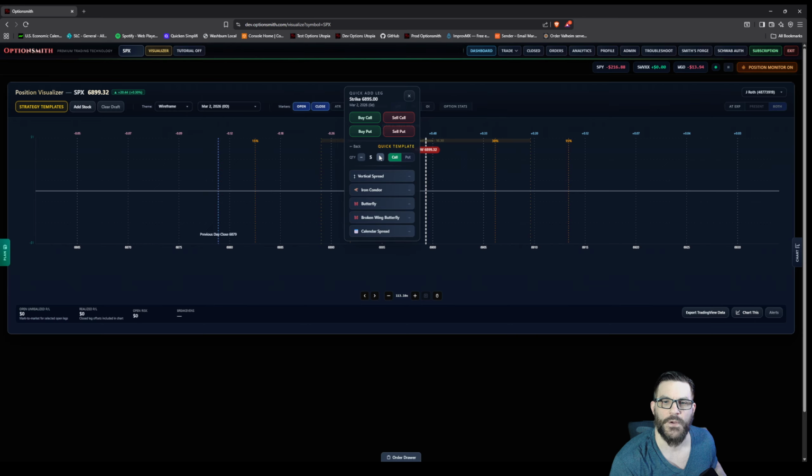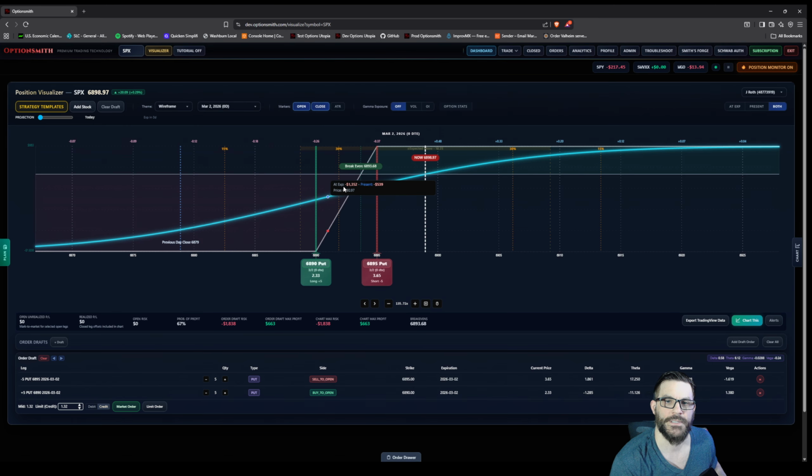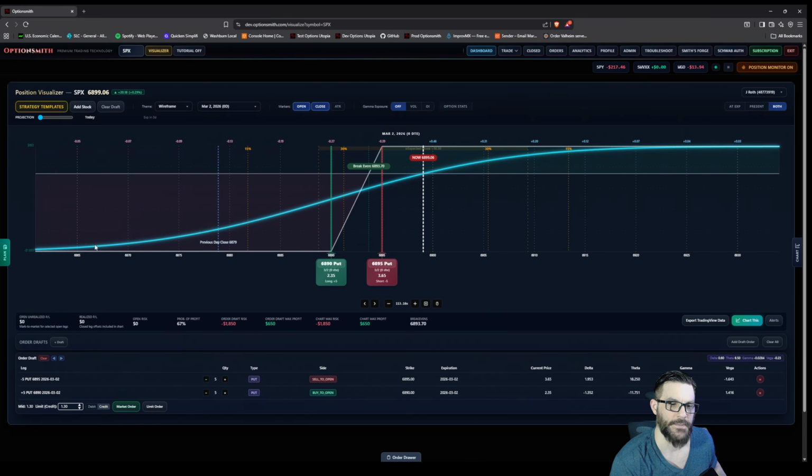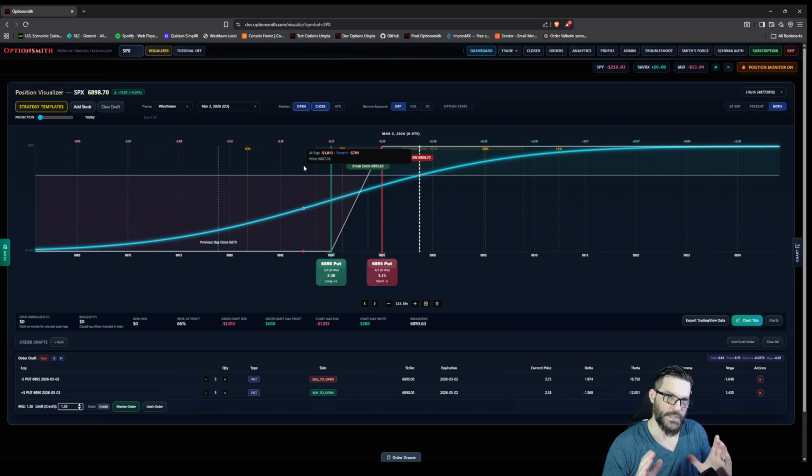So 5 for the quantity, and I select a vertical spread, but I want it to be a put vertical spread. So when I click that, it puts the short leg of this vertical spread right on the strike that I had clicked to go to that template. Generally, I'm not going to see the credit limit that I go for at this time because it's very late in the day. But in the morning, I always go for a 1-to-1 risk-reward ratio.